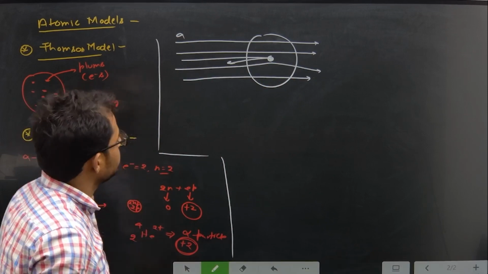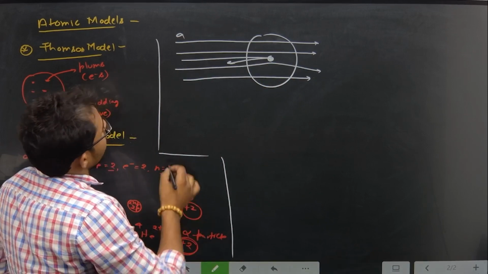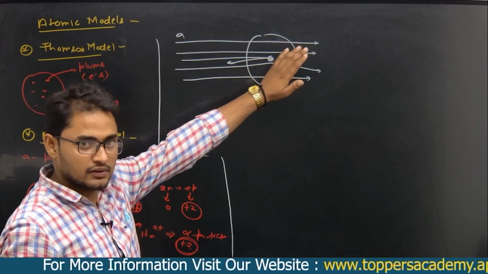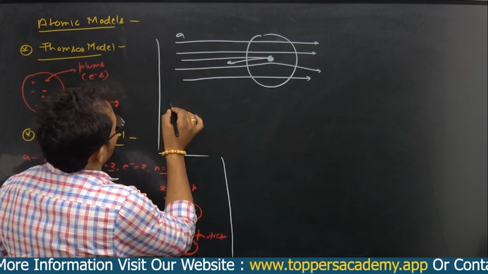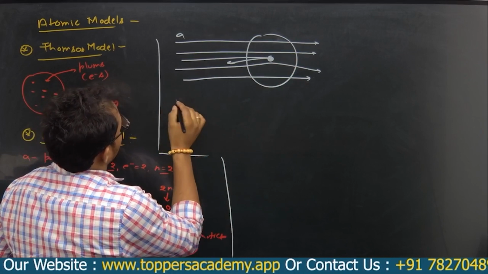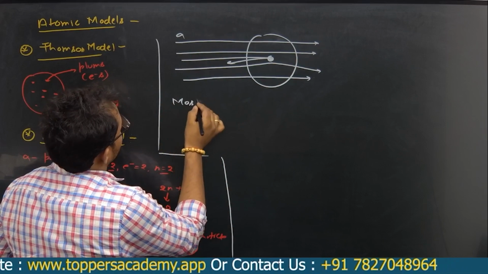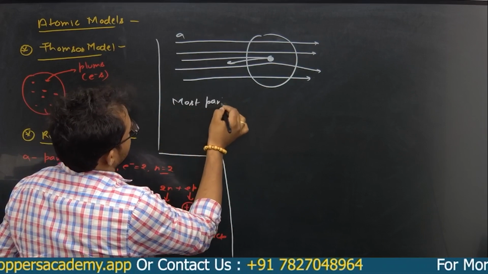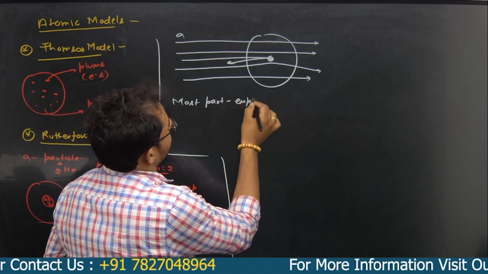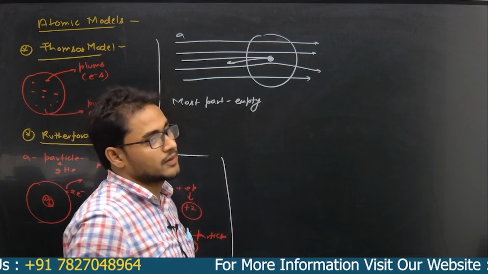He said that because most of the particles passed away without any deflection in their angle, most part or space is empty in an atom.